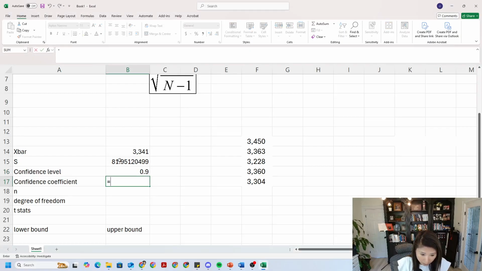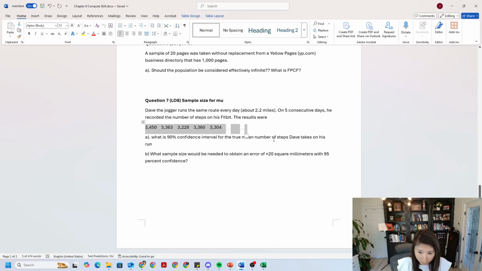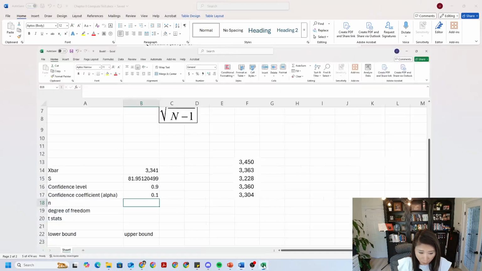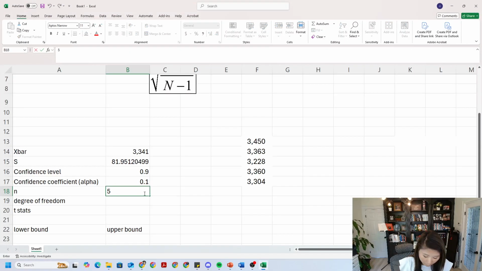Our alpha, as we learned, is equal to 1 minus the confidence level. My sample size n is 5, since we have 5 consecutive days. And the degree of freedom, as we learned in the last part, is n minus 1, so 5 minus 1 gives us 4.